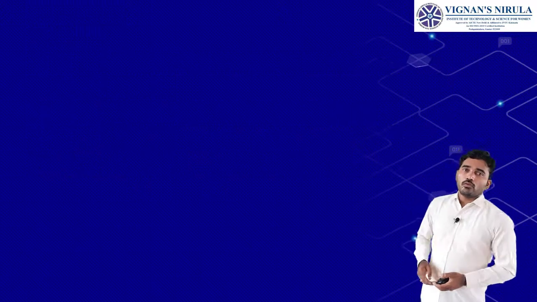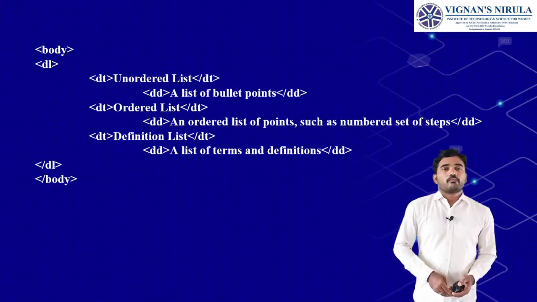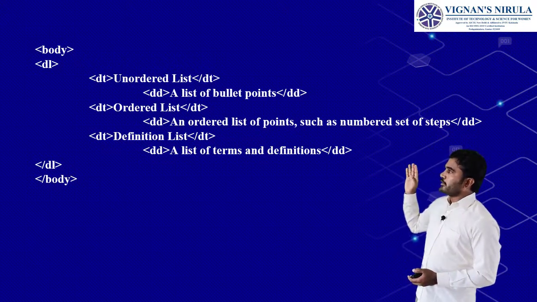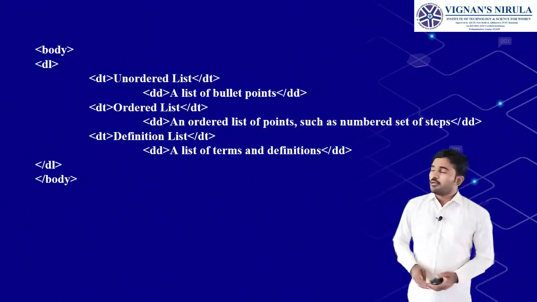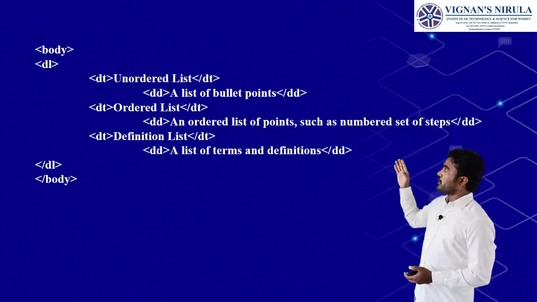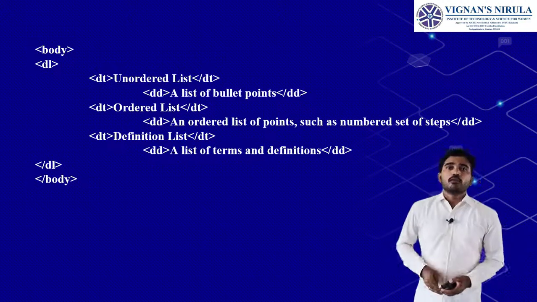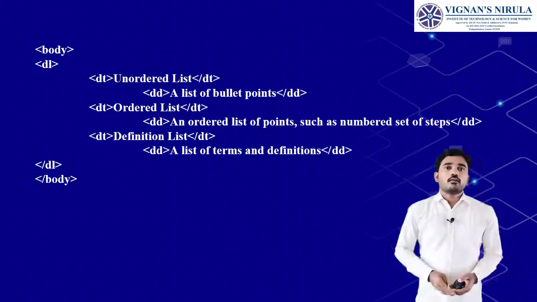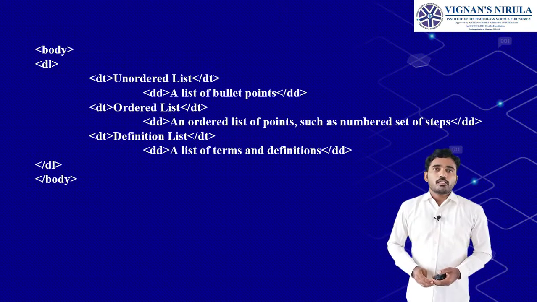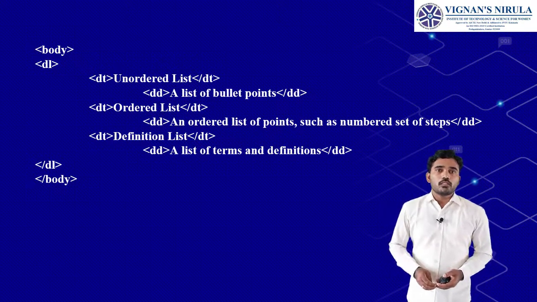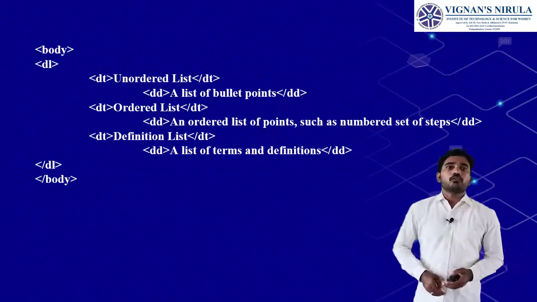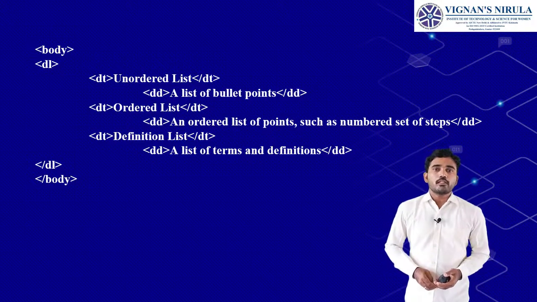So coming to the example for this, see here inside the body I have started with a DL, which stands for a definition list. Next I have started the definition term, and the definition term is unordered list. For that definition term, unordered list, I have used the DD, that is a list of bullet points. And see, the next definition term I have used is ordered list, and the definition data that I have used for that is an ordered list of points, such as a numbered set of steps.